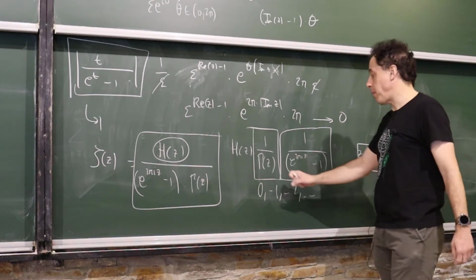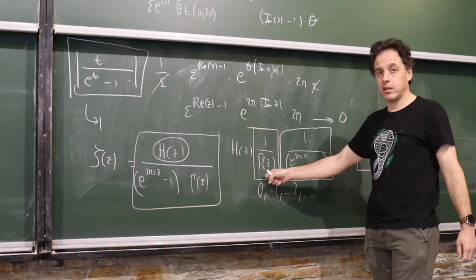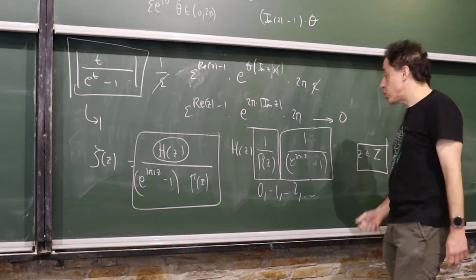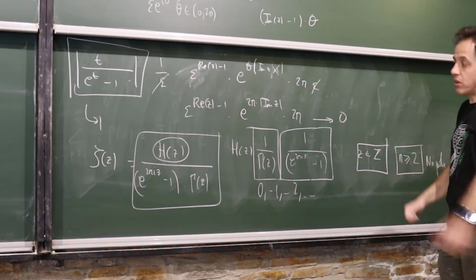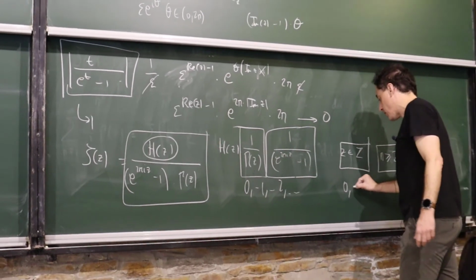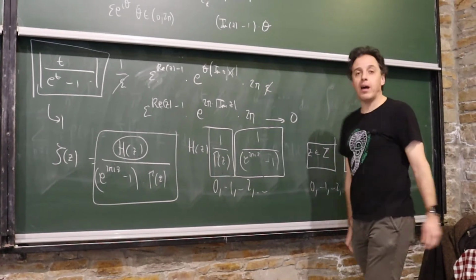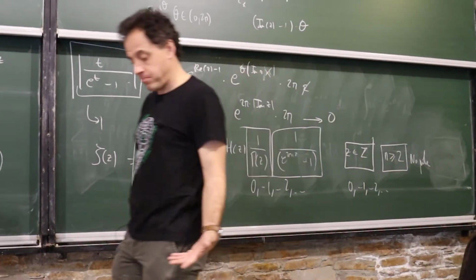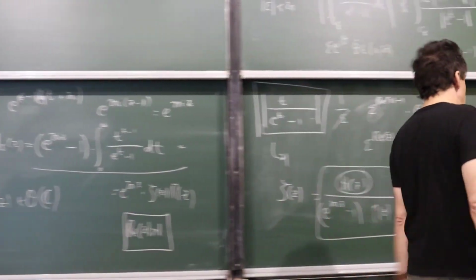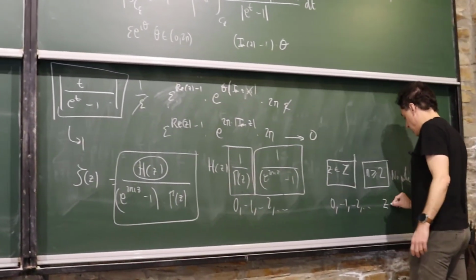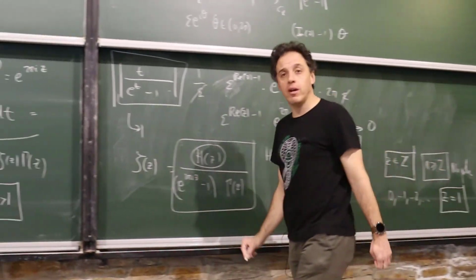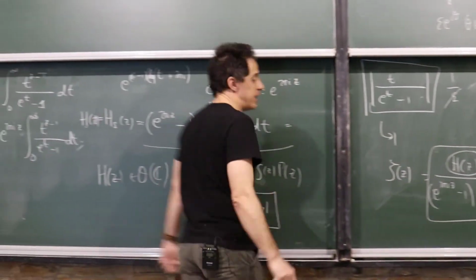So the order of the pole and the order of the zero cancel, and this is a removable singularity. So this zeta function can be extended, and the points 0, -1, -2, etc. have no problem. So the only possible pole of this function would be the point z equal to 1. It is the only possible pole that the Riemann zeta function may have.